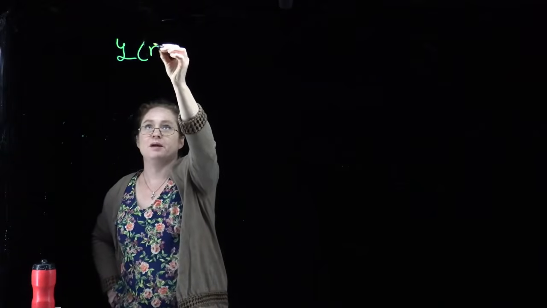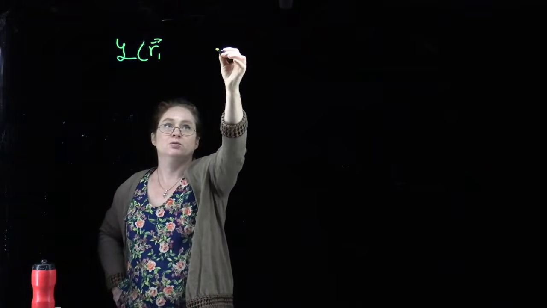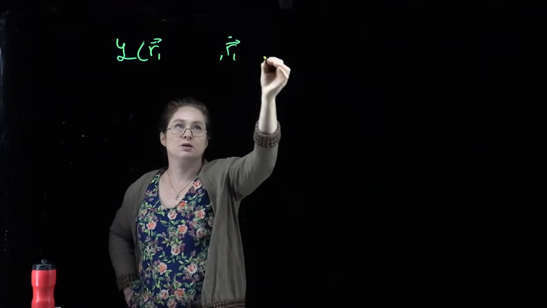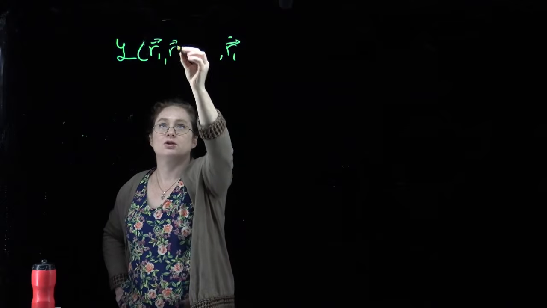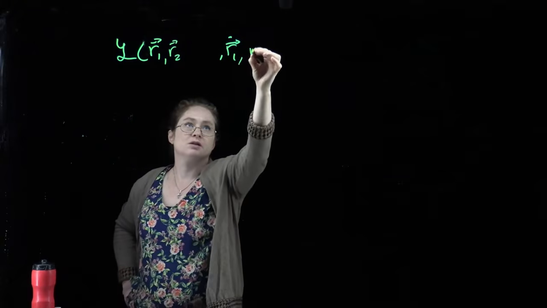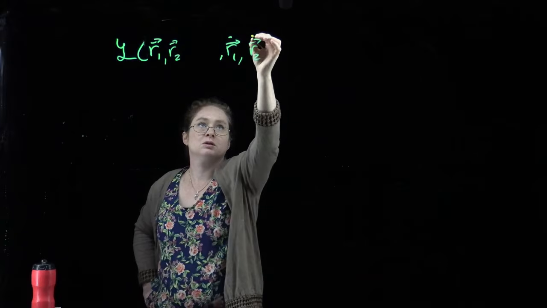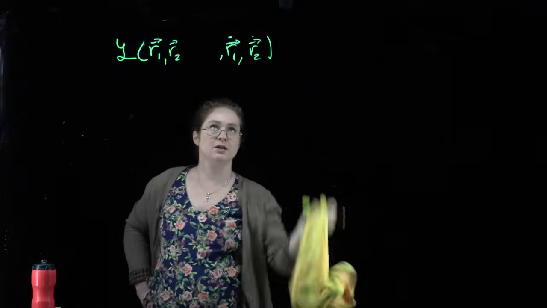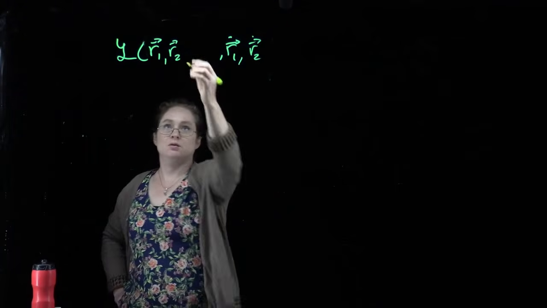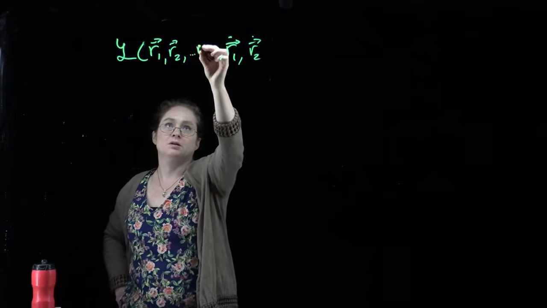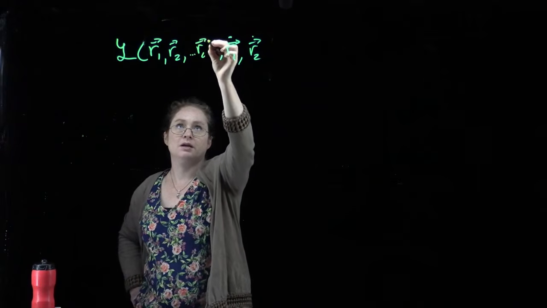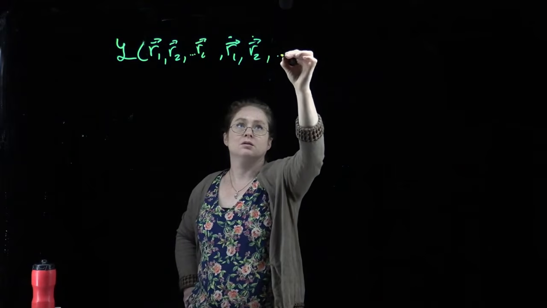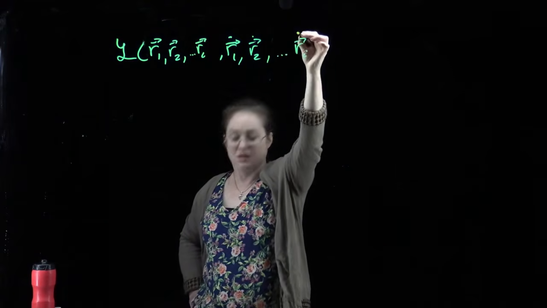they will be described by positions R1 with velocity R1 dot, R2 with velocity R2 dot, and then in principle we could have Ri with Ri dot.